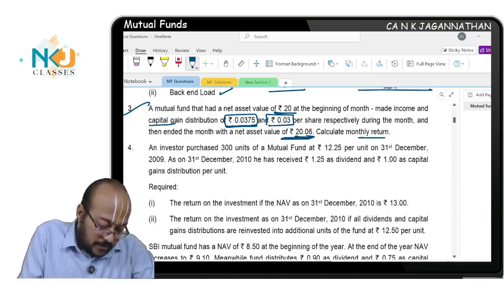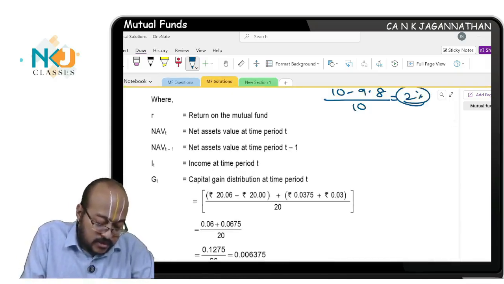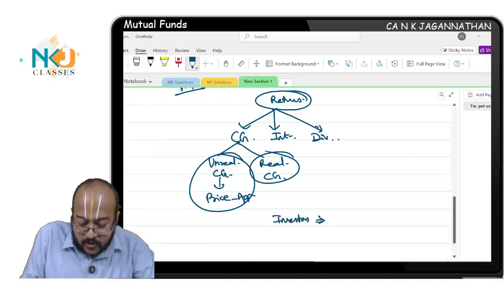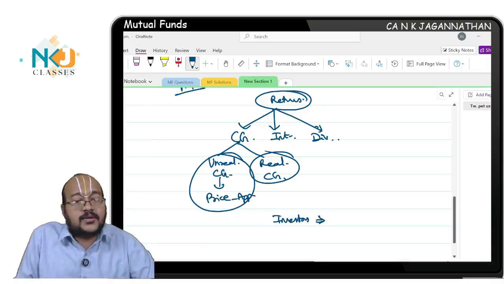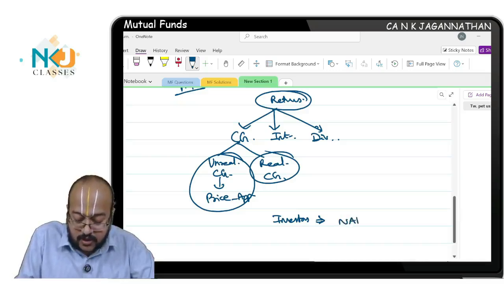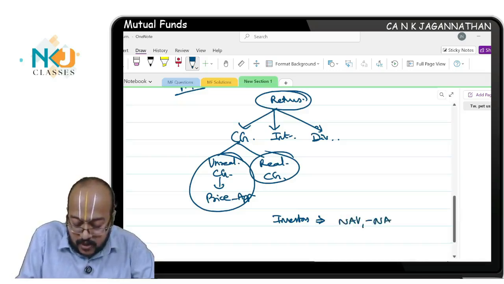If you want to find the investor's return, the unrealized capital gain portion will also be considered, which is nothing but NAV1 minus NAV0.